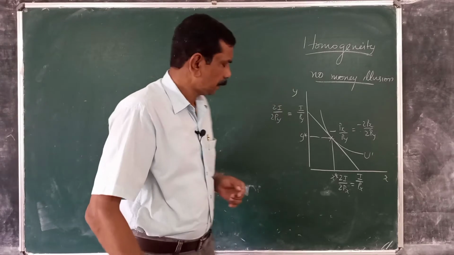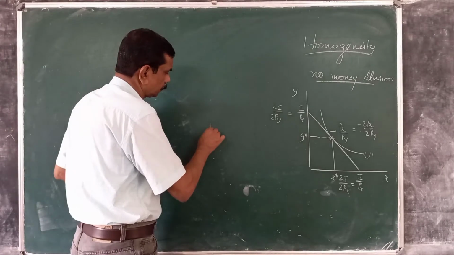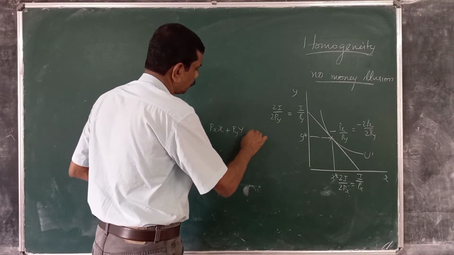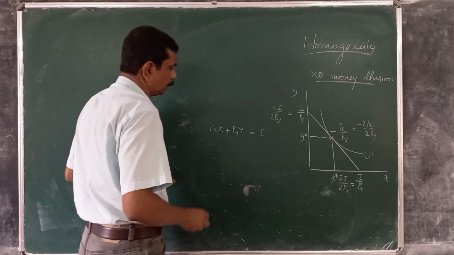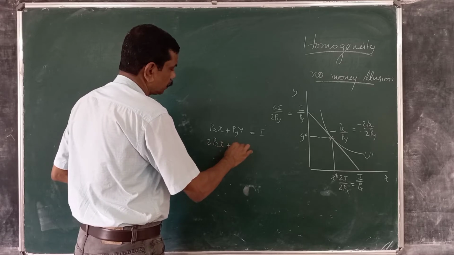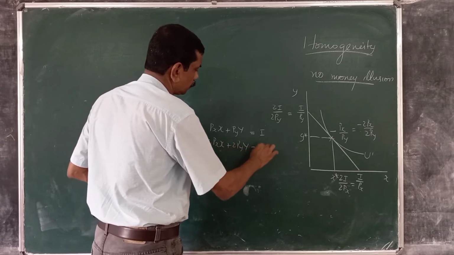Now, algebraically, we can write it as px into x plus py into y is equal to I. This can be written as 2px into x plus 2py into y is equal to 2I.